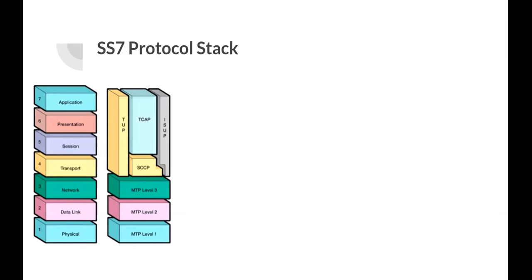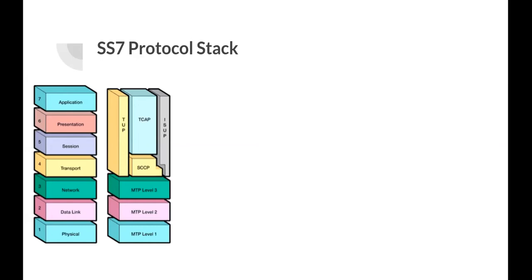MTP2 is the data link layer. If you did a course on computer networks, you remember error detection and flow control, things like CRC, all those algorithms for checking errors. Then MTP level 3 links to the network layer, but there's a catch here with SCCP.